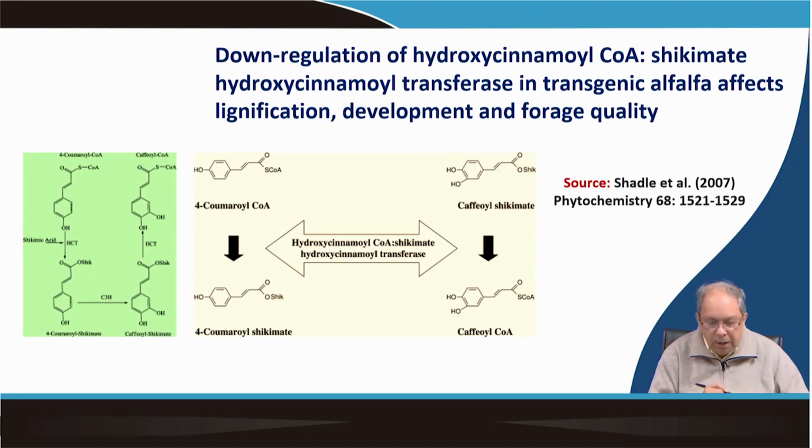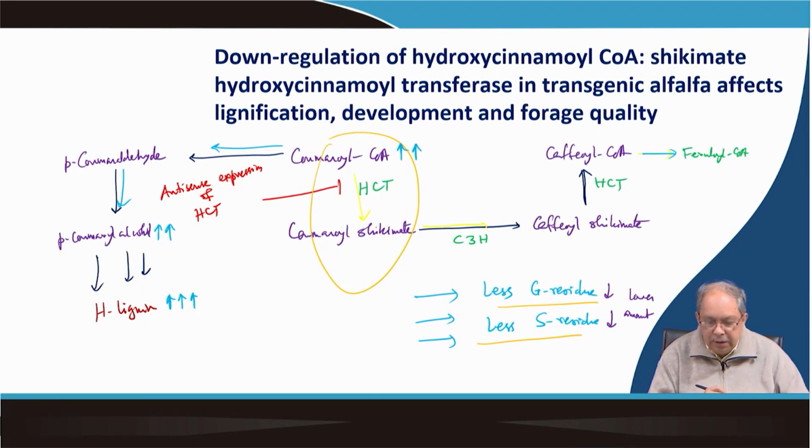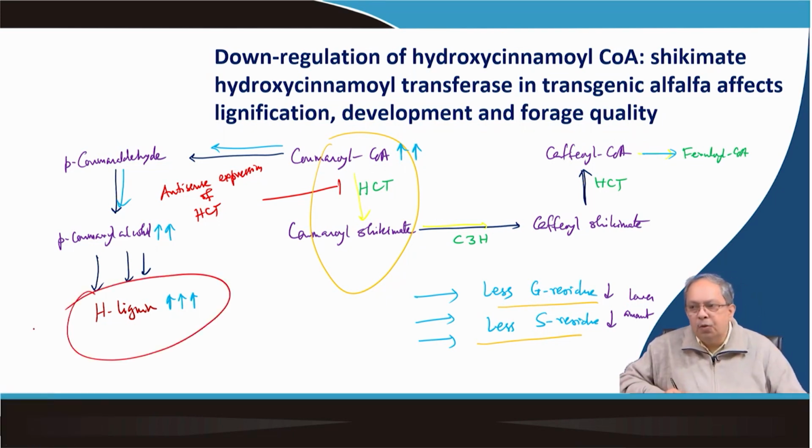The alfalfa plant is a dicot, and it is supposed to produce more of S and G, but now, because of antisense suppression, the total lignin content is suppressed and the composition got changed. It is now accumulating more of H lignin. Whether that is good or bad is the question we need to understand, because of forage quality. This is used as a forage crop. Forage crop means cattle feed.